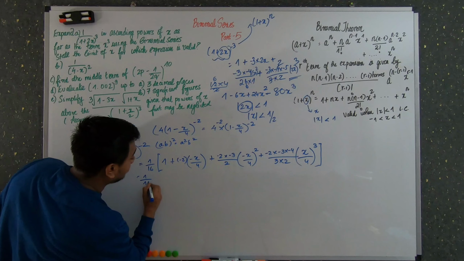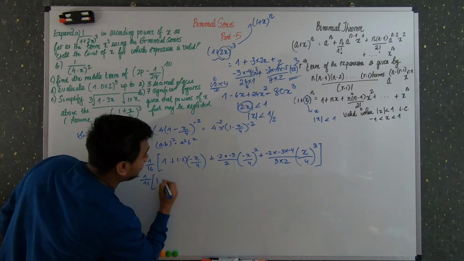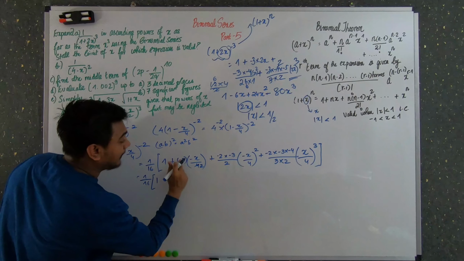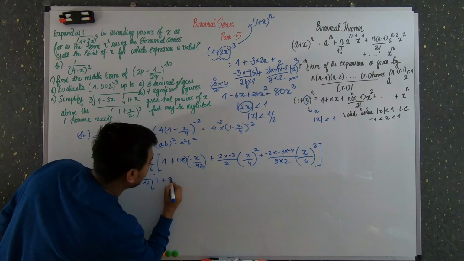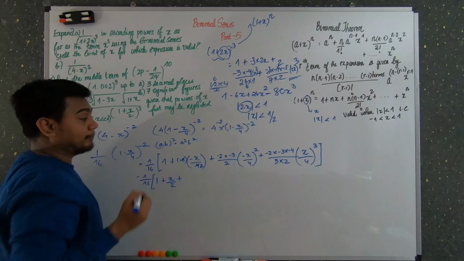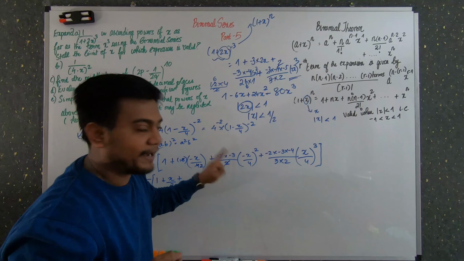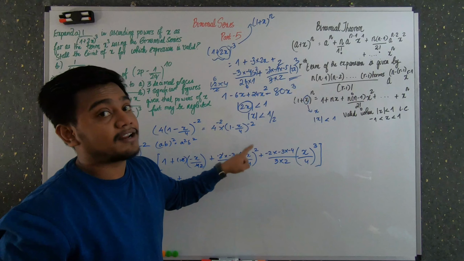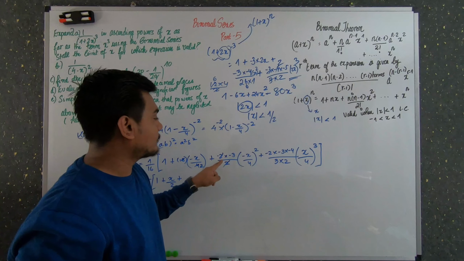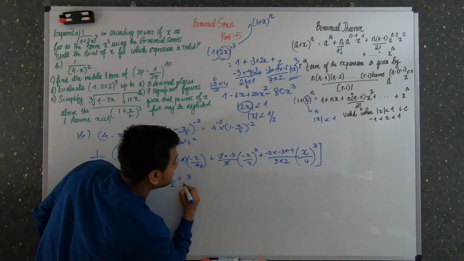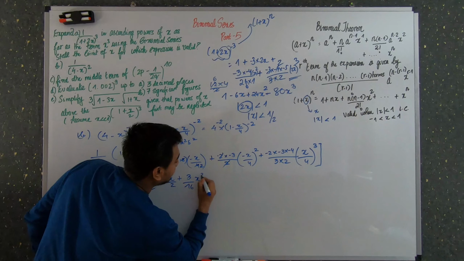1 by 16 into 1 minus 2 into this can get cancelled. So you can write it as minus into minus plus x by 2, plus. 2 and 2 you can get cancelled. Minus into minus plus. Again minus into minus, because minus the whole square is plus. So you can write that 3 by 16 x square.